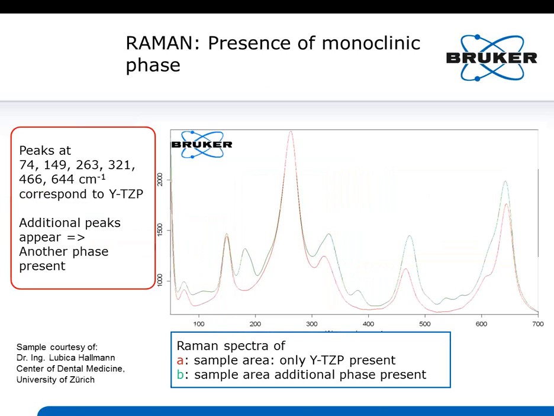So when we take a Raman spectrum, shown in green here, of our sample, we see a number of peaks. Without going into great detail on the specific peaks, when you take a spectrum of only the tetragonal phase, shown in red, you can clearly see a difference, and that is there are additional peaks present in our sample here, which indicate another phase on our sample.